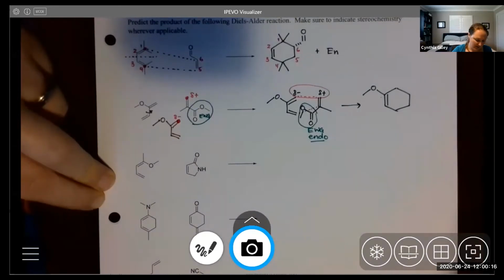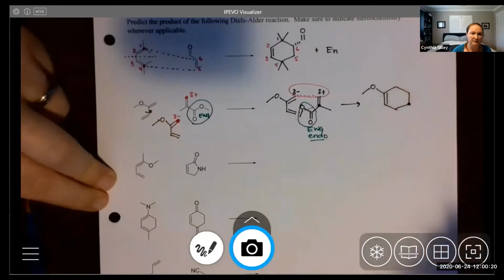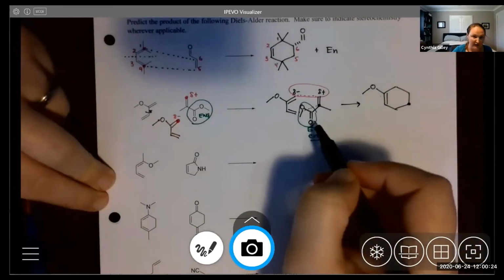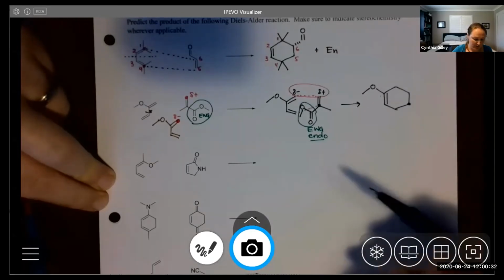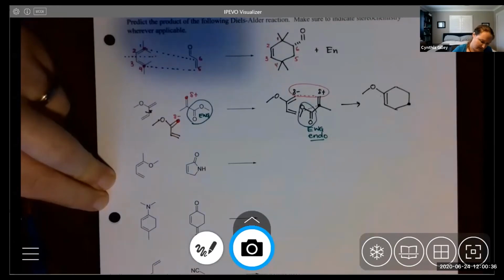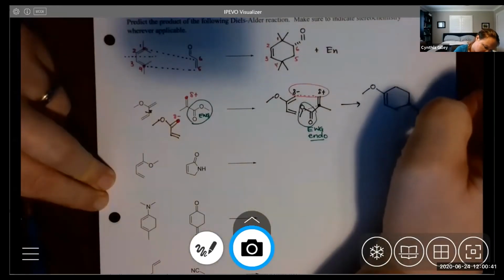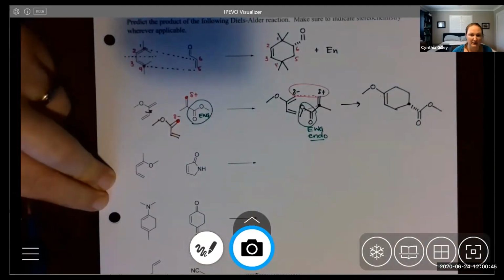The only other carbon that has substituents is this one, which ends up being this one. So we have a methyl and a methyl ester, and one of those needs to go on a wedge and the other one needs to go on a dash. And we know that the group that points endo, the electron withdrawing group, ends up on the dash, so that's the ester.